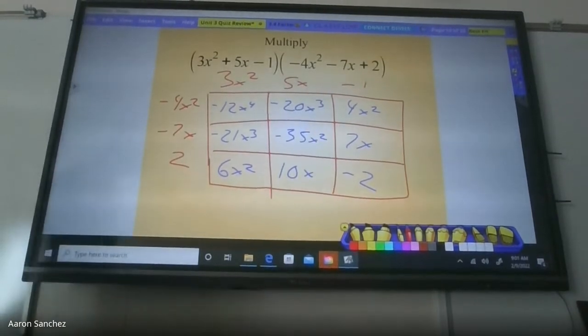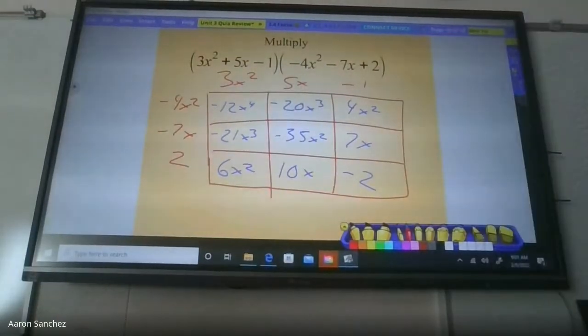Here's how you did the organizing. Okay.